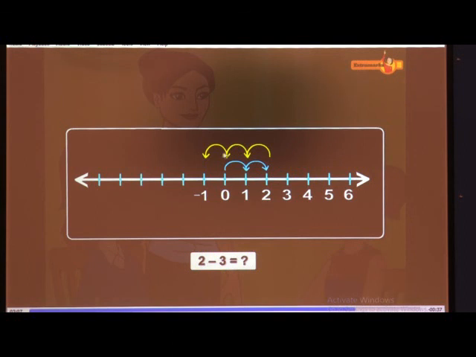When we move 2 steps forward, that is 1 and 2, we are on the 2. Now, we have to subtract 3, so we have to jump 3 steps backward, that is 1, 2 and 3. We reach the number called minus 1.